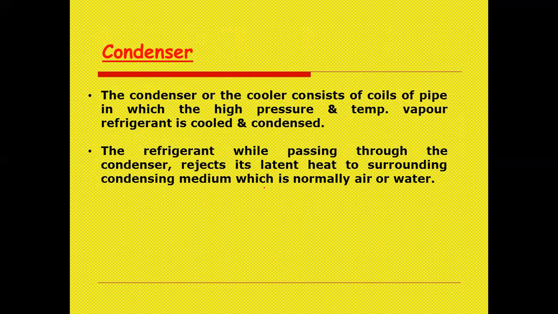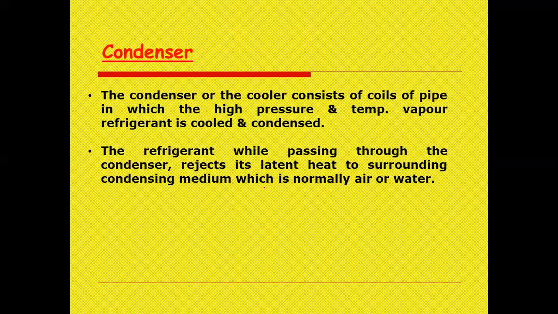If you look at the back of the fridge, there is a mesh, and that mesh has some bent tubes. It may be made of copper. So that is the concept of the condenser.